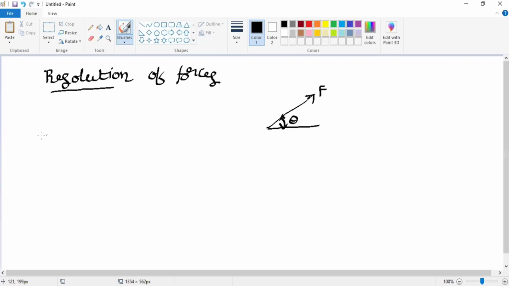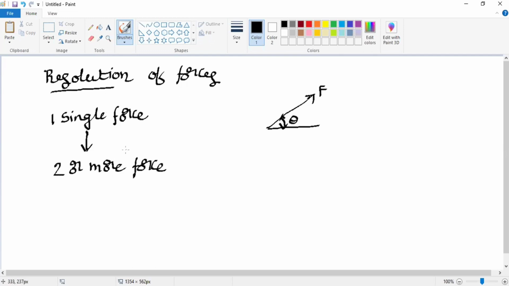Resolution of force means a single force can be resolved into two or more forces.